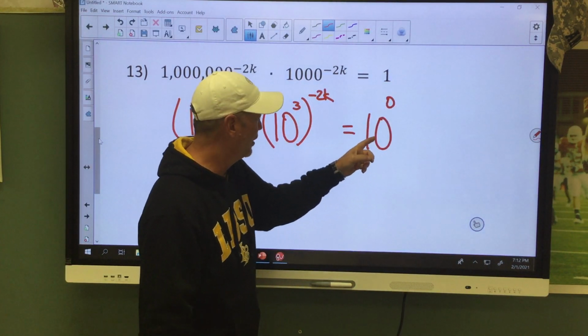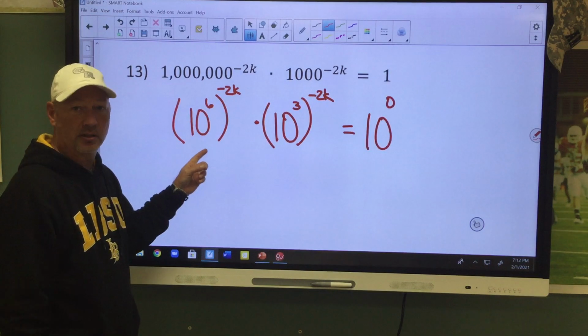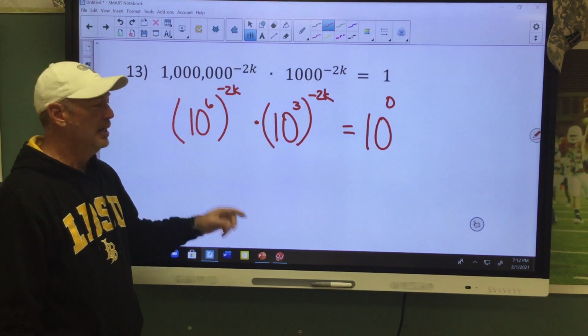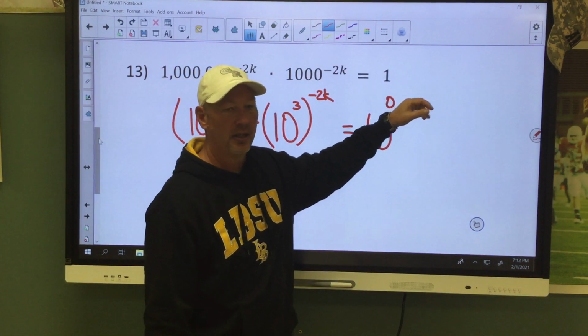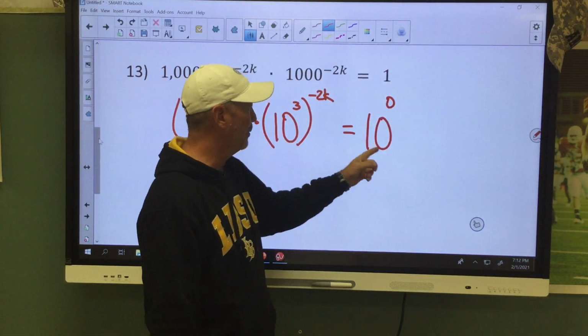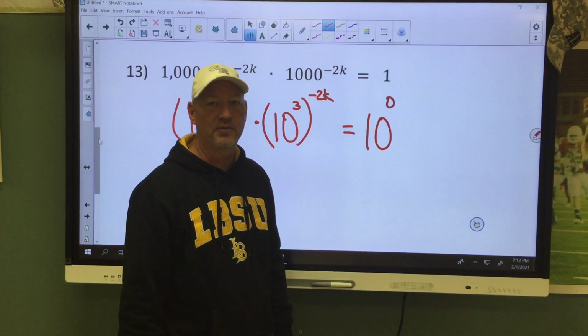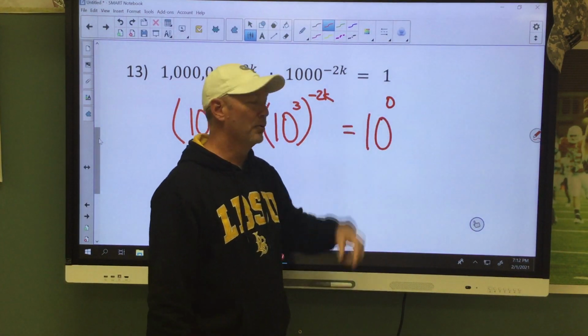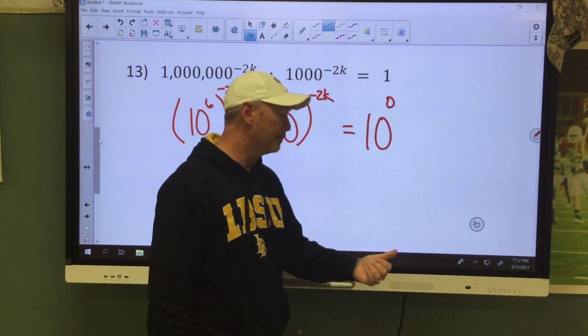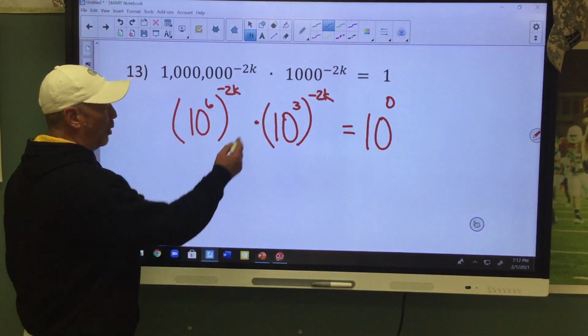But now look, the bases all match, don't they? So when you're working a problem like this and they put it equal to 1, keep your base the same and just give yourself an exponent of 0, because any number to the 0 power is going to get you a 1. Okay? All right, now look, we're multiplying.